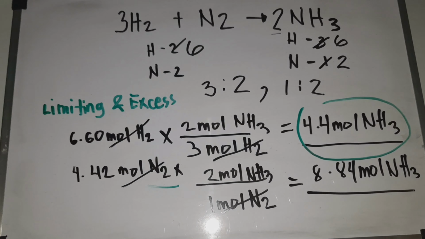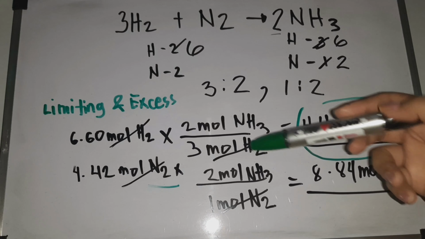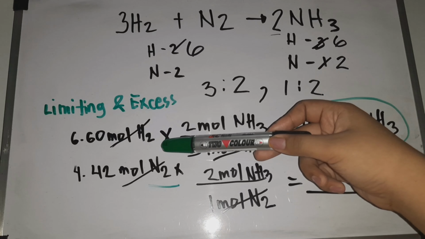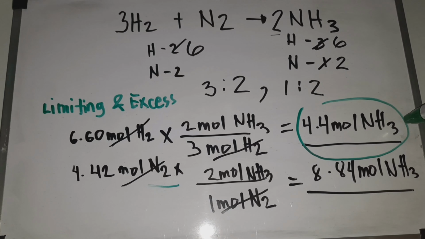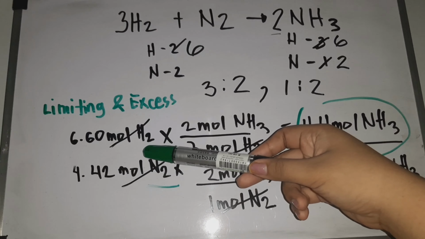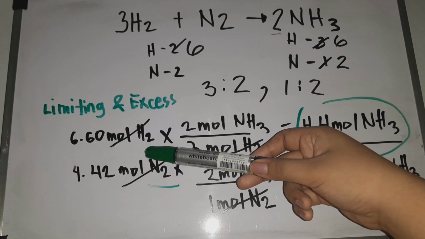As we can analyze in our solution, we now have the value of NH3 if we use the designated amount of N2 and H2. We have the smallest number of NH3, which is 4.4 mole. So therefore, H2 will be our limiting reagent.